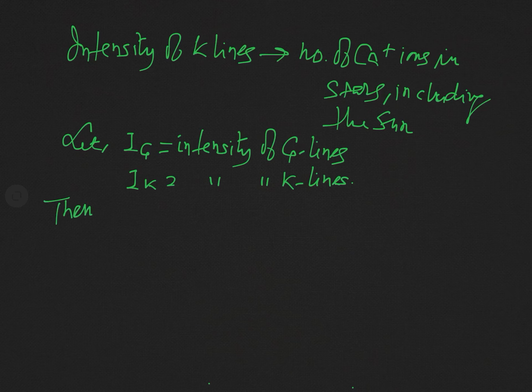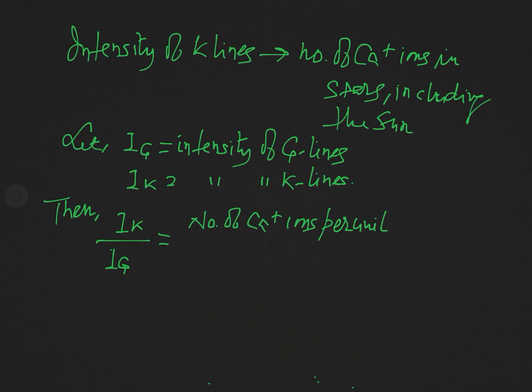Then actually this Ik over Ig, that is ratio of the intensity of K lines and G lines, it is actually given as number of Ca plus ions per unit volume.